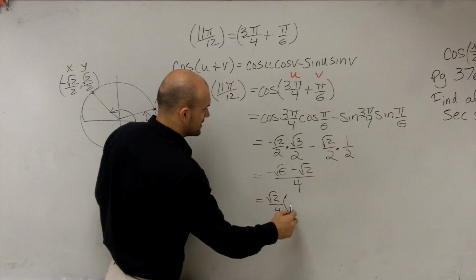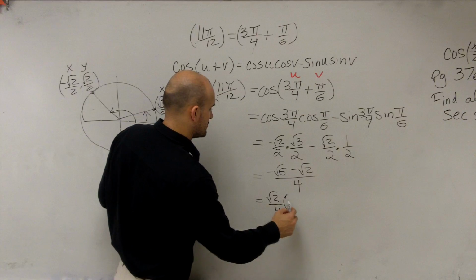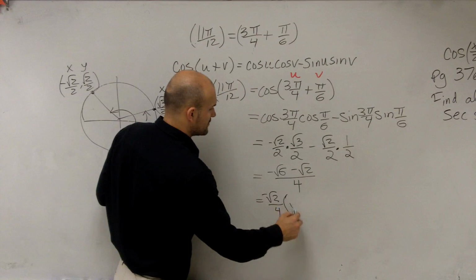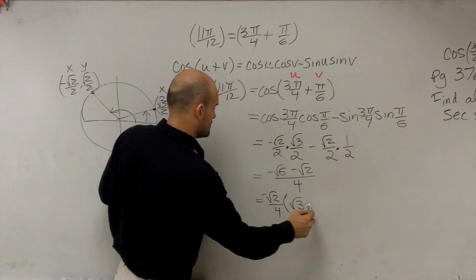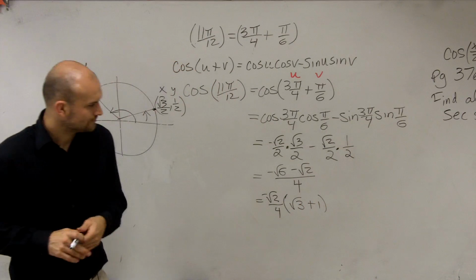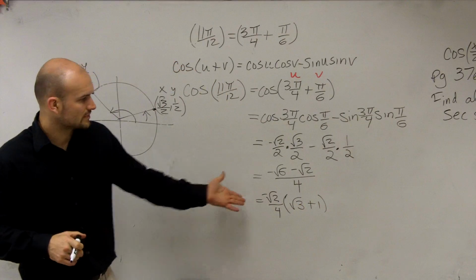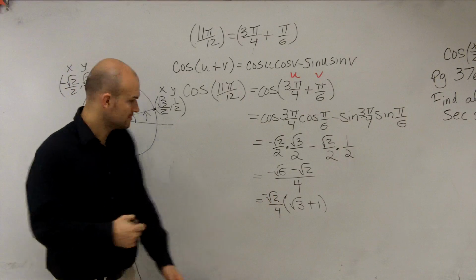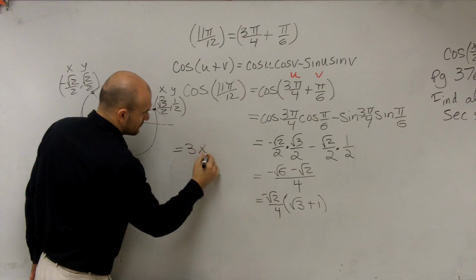Let's factor out a negative. That will leave you with a positive square root of 3 plus 1. I'm just factoring out the common terms.